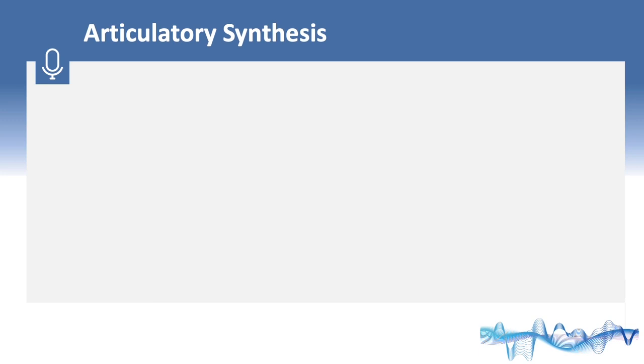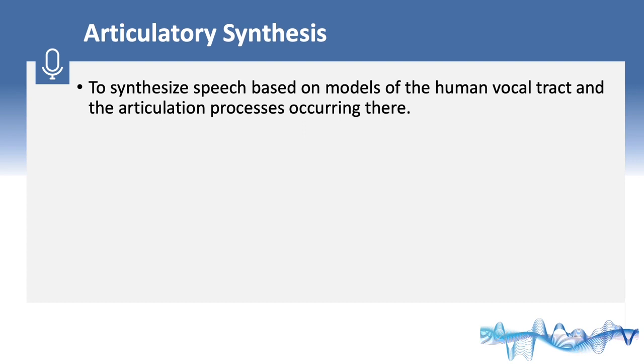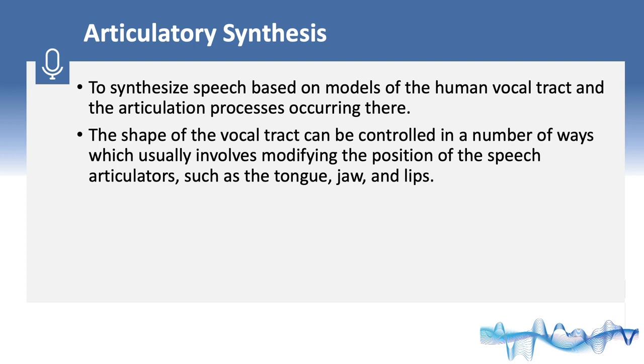Articulatory synthesis refers to computational techniques for synthesizing speech based on models of the human vocal tract and the articulation processes occurring there. The shape of the vocal tract can be controlled in a number of ways, which usually involves modifying the position of the speech articulators, such as the tongue, jaw, and lips.